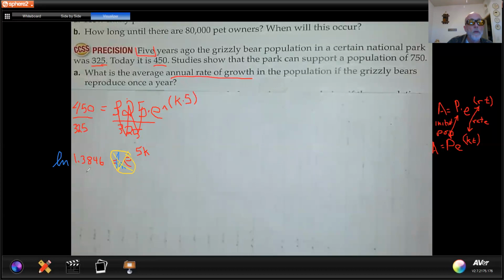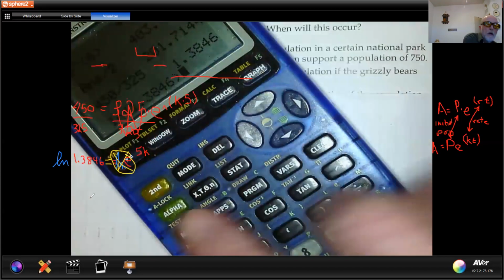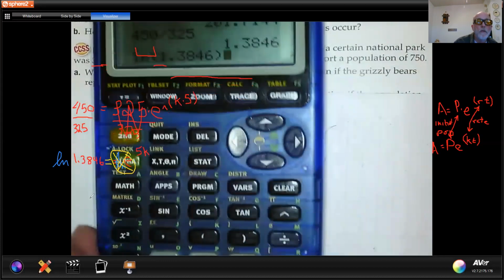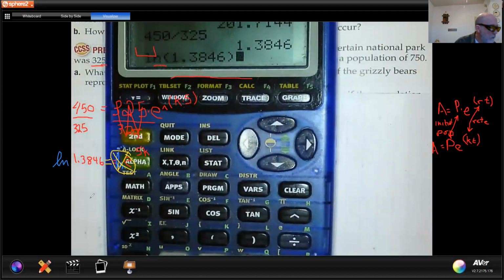So what's left over here is the natural log of that number equals 5k, right? So what is the natural log of that number? The natural log of 1.3846. All I'm doing is typing it in here.